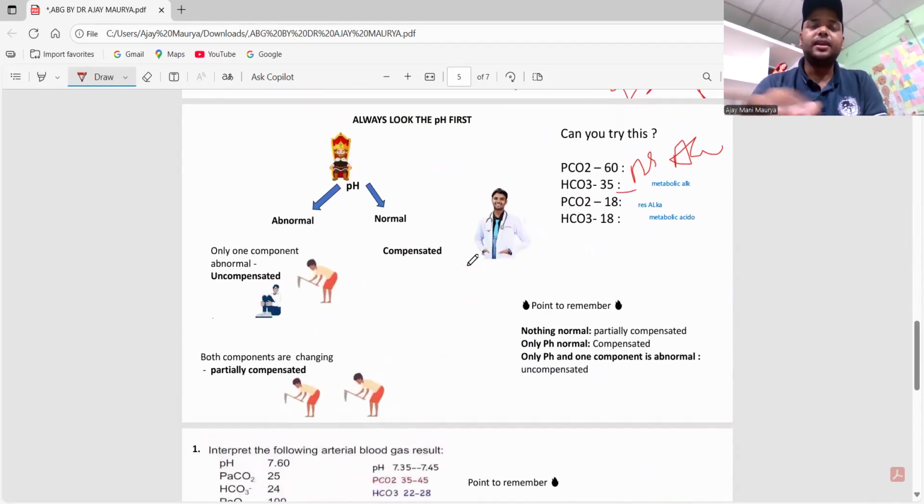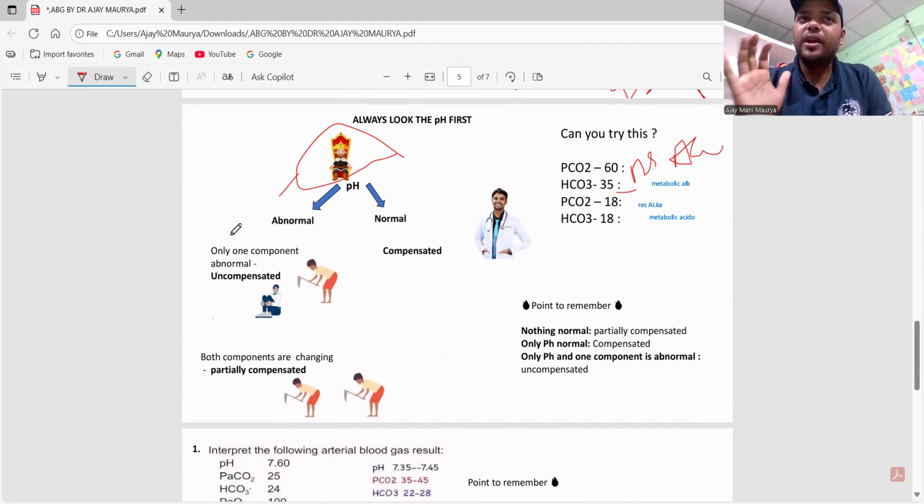See here, suppose this is the king. You have to maintain the mood of the king. If the king has a bad mood, that is, the pH is abnormal, and only one component is abnormal while the other is normal, what does it mean? Suppose this is the kidney and this is the lung.